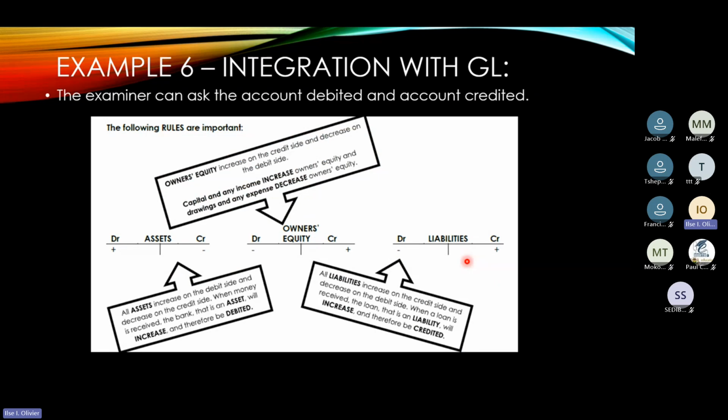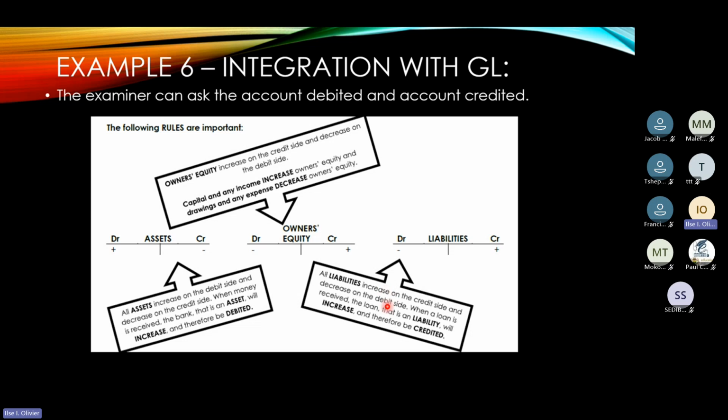What is also important is to remember that assets always increase on the debit side and decrease on the credit side. If we look at owner's equity, it increases on the credit side and decreases on the debit side, where we see that capital and income increase the owner's equity and drawings and expenses decrease the owner's equity.